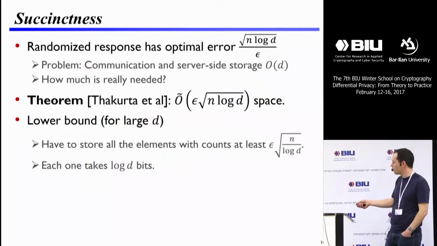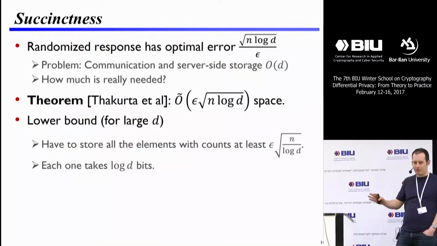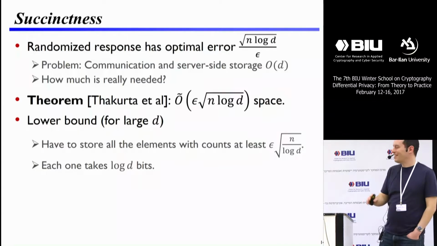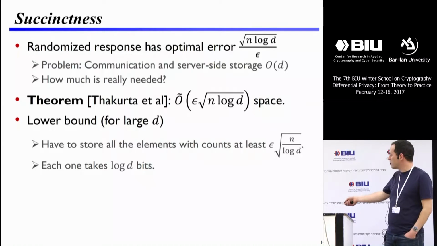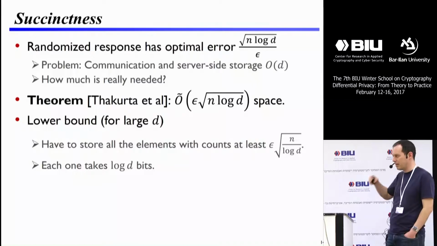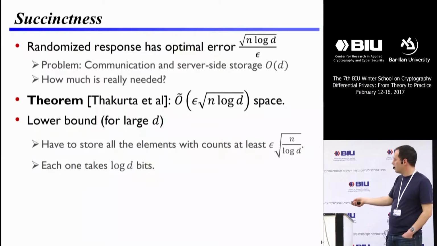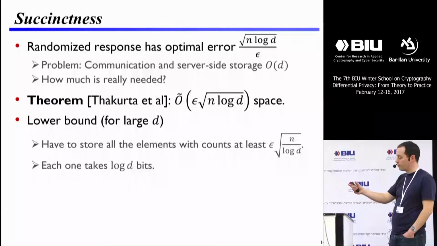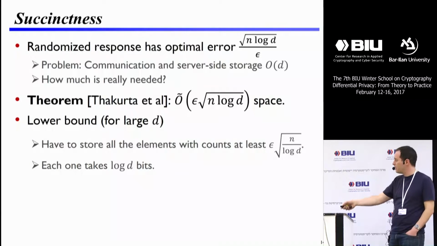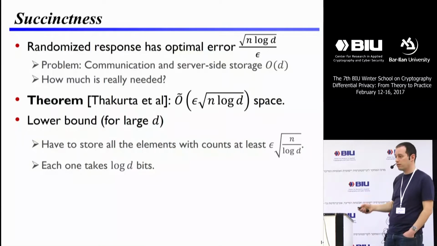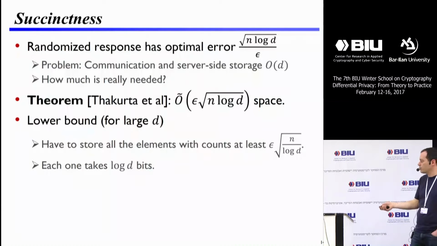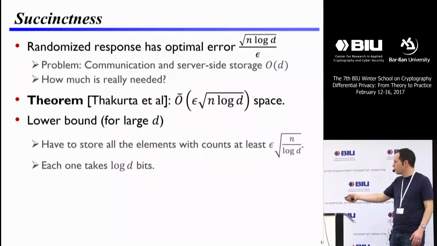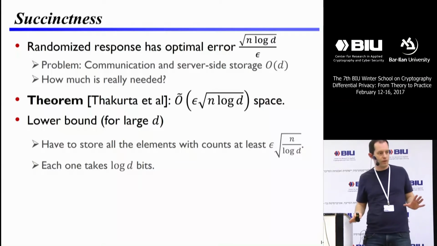Sorry, this is not quite what it says on the slide, so forget what I wrote on the slide. This number is the number of bins you must store, the number of bins whose counts could be above threshold that you would have to keep around in order to solve the problem in any form. If you multiply that number by log d, the number of bits it takes to represent the name of a bin, you get exactly this space bound. So just to store the answer, you need this much information. It's not going to get any better than that.